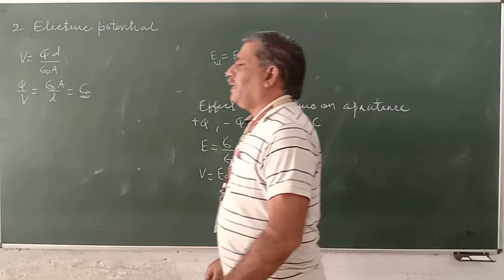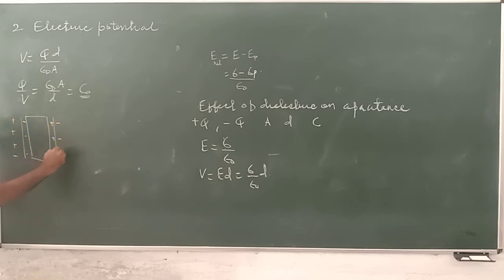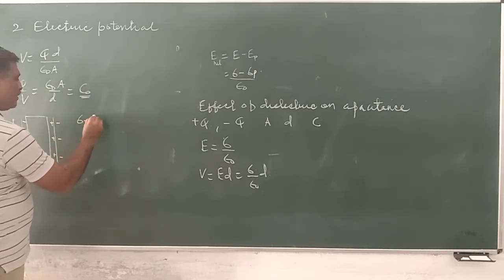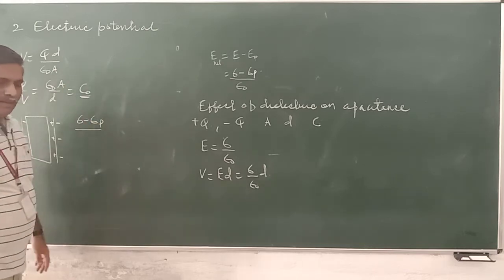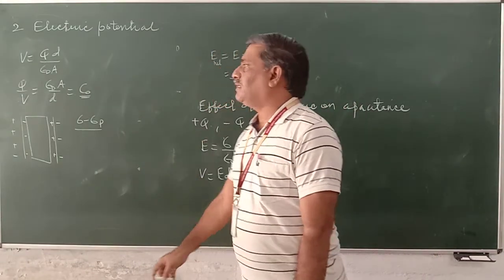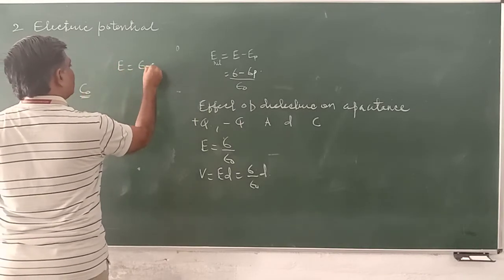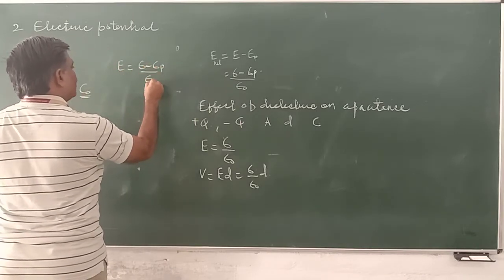Now suppose that it is replaced by some dielectric. In this one we place some dielectric. Because of this there is some minus charge at the plus plate, and some plus charge at the minus plate. The net surface charge density becomes sigma minus sigma P. Therefore, E is equal to sigma minus sigma P divided by epsilon 0.